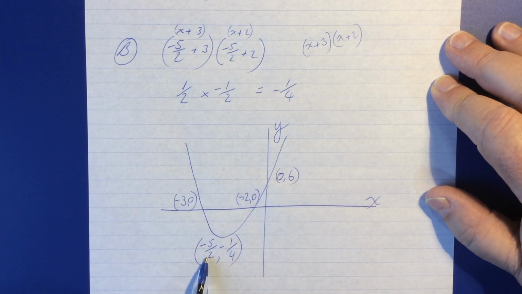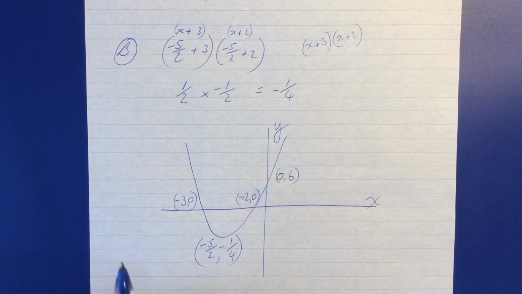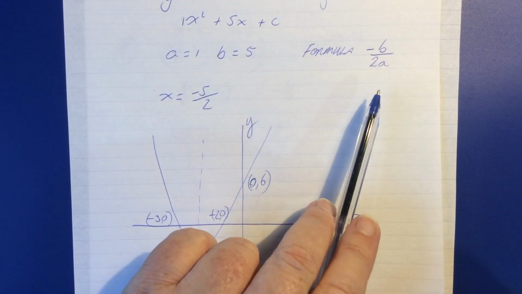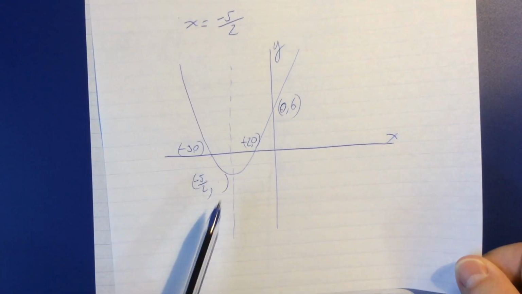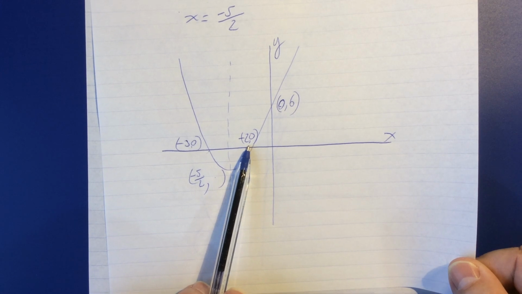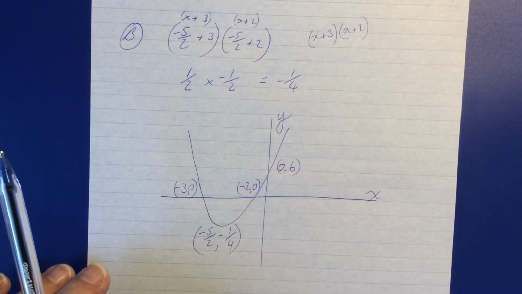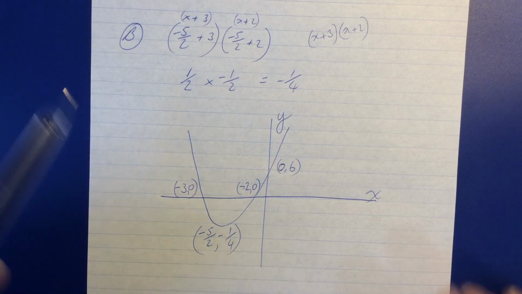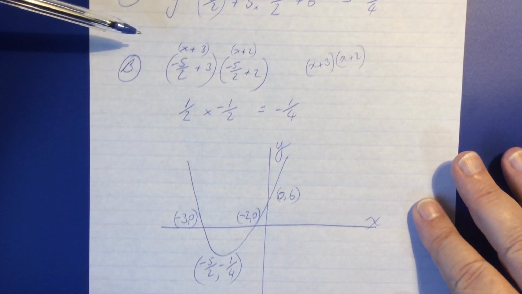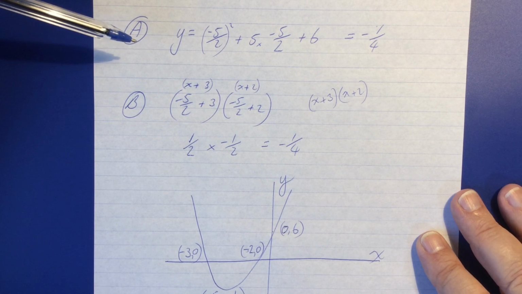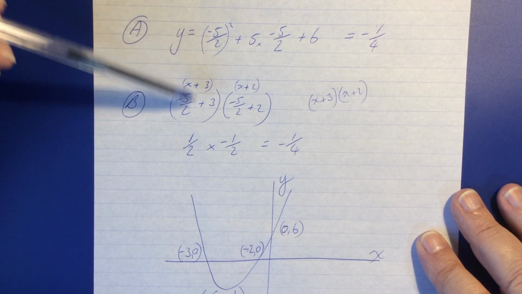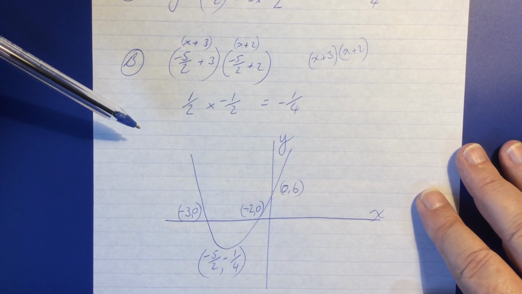We have the x-coordinate of the turning point, which we got by applying this formula, negative b over 2a, or by simple inspection, halfway between negative 2 and negative 3. And finally, we have the y-coordinate of the turning point which we got from one of these two methods.